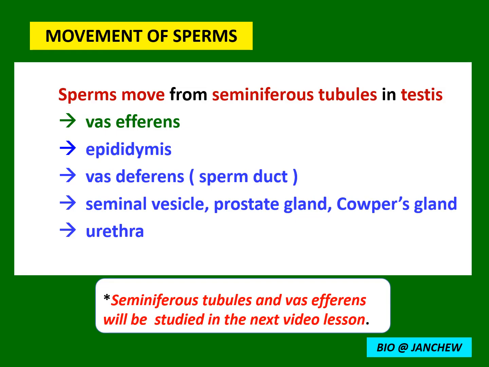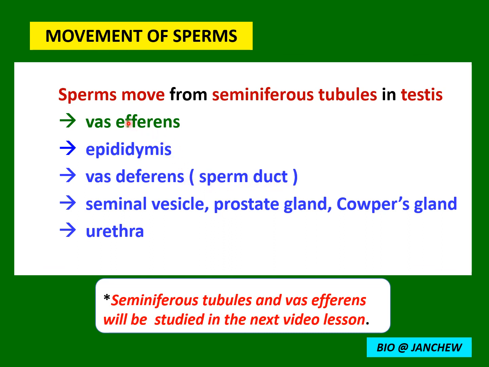For the objective questions or structured questions, we need to know how to list down the pathway of the movement of sperm. So the sperm first moves from the seminiferous tubules, where they are formed, in the testes, into the vas efferens, and then from the vas efferens to the epididymis, and then from there to the vas deferens, which is the sperm duct.